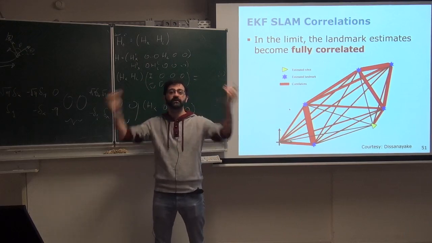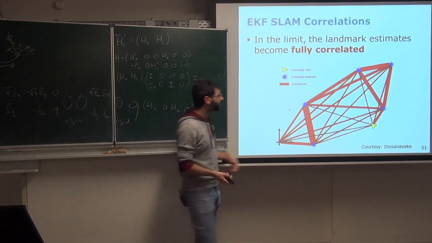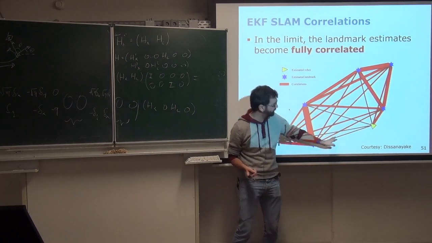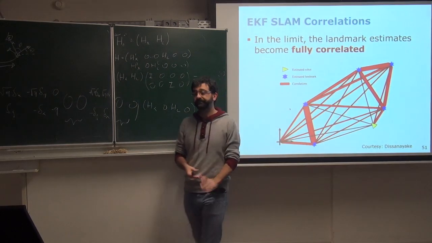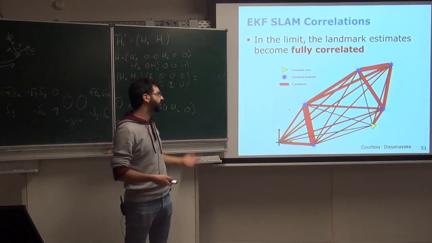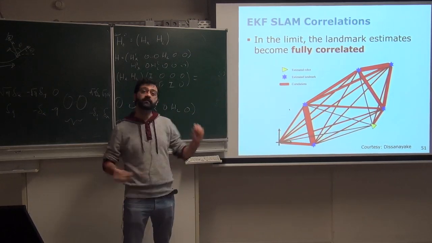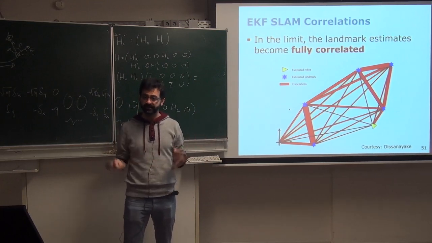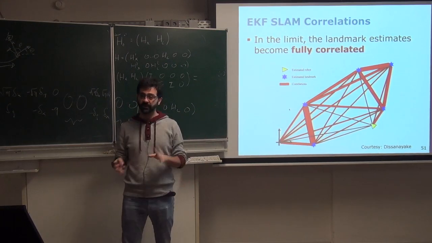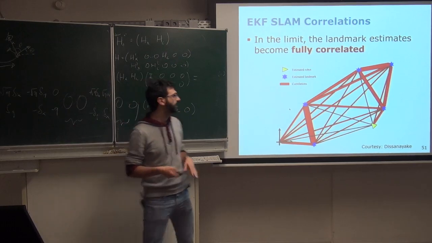Some of them might be really thin, like the one down here, and some of them might be really strong. So most of the time you might consider neglecting them. Sometimes you can neglect them, and we'll see next week how you can actually deal with neglecting some of these correlations. But if you don't, you will just get everything correlated.